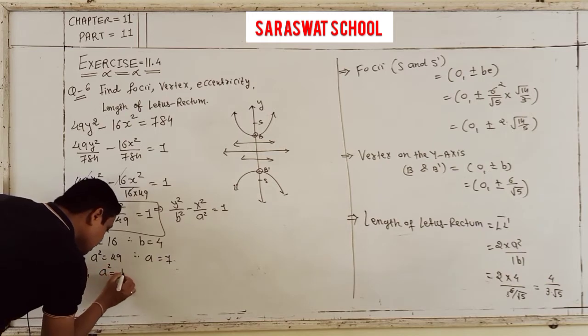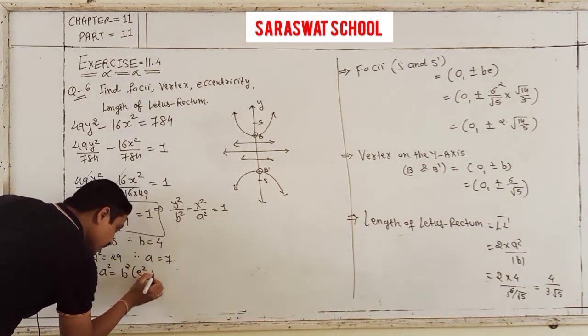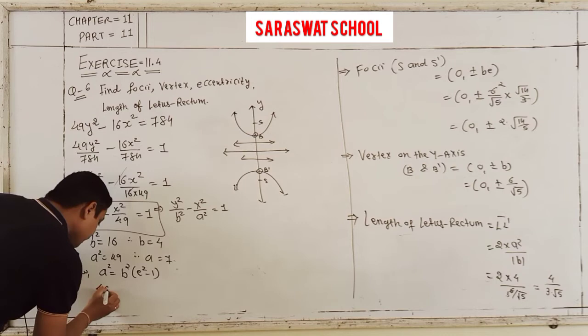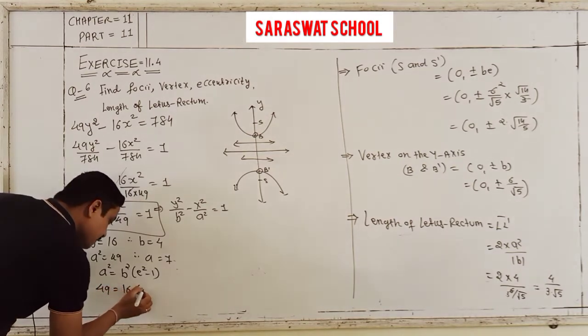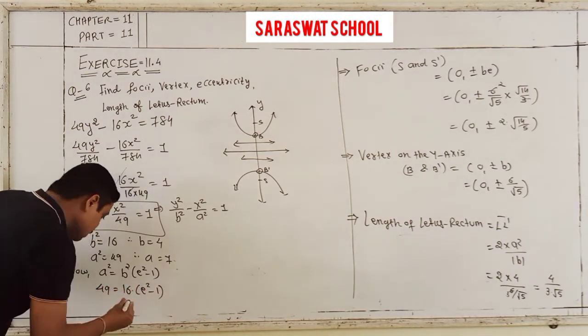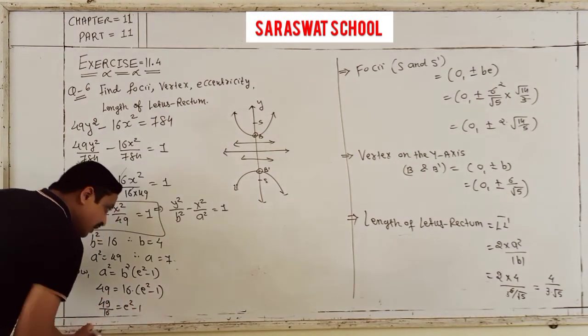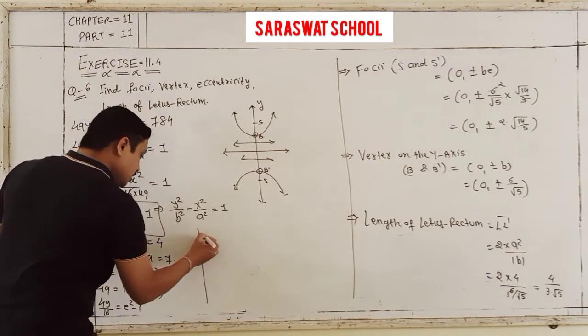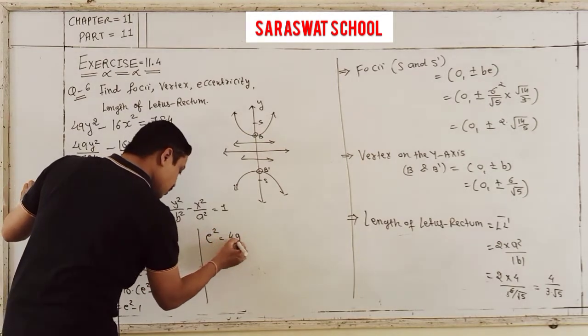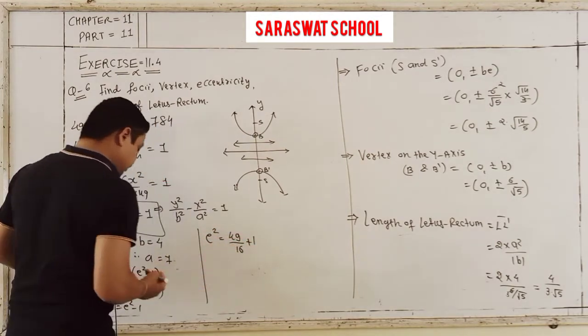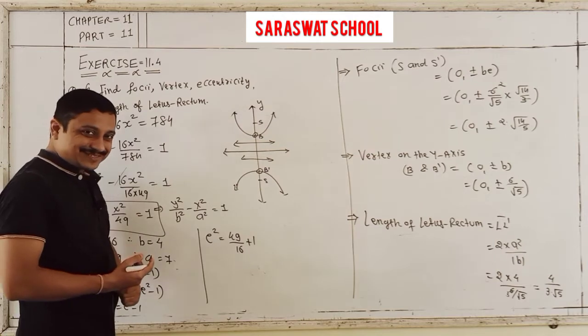a square is equal to b square times e square minus 1. a square I have 49, b square 16, and e square minus 1 as it is. So 49 by 16 is equal to e square minus 1. In short, your e square becomes 49 by 16 plus 1, taking 1 from right to left.